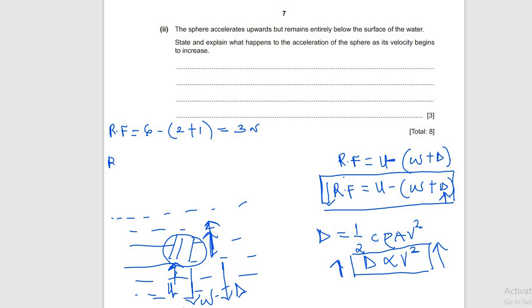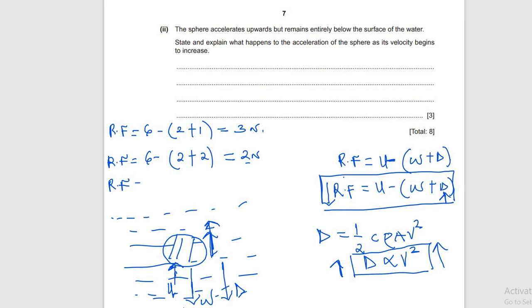When the drag force increases again, remember that upthrust is fixed at 6 and the weight is fixed at 2. Let's increase the drag force to 2. What happened to our resultant force? So 6 minus 4, that's 2 Newton. You can see as the drag force is increasing, resultant force is decreasing from 3 to 2.